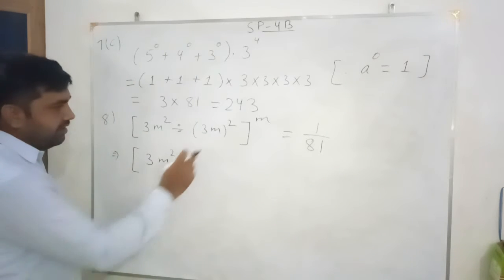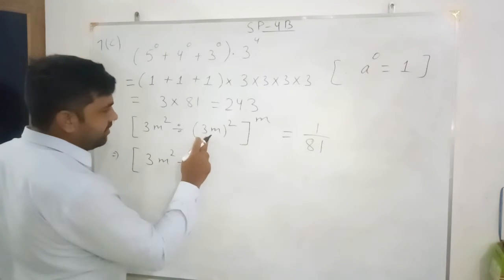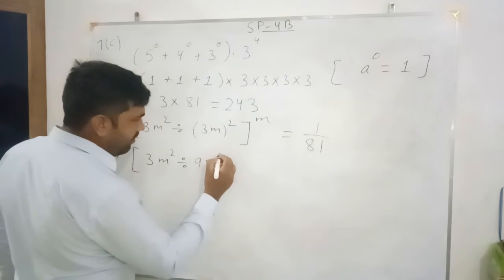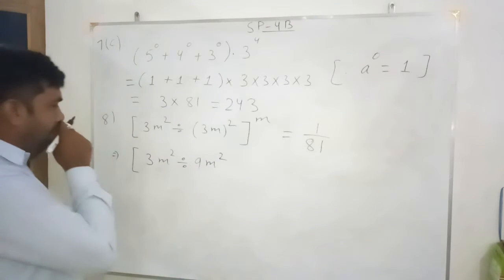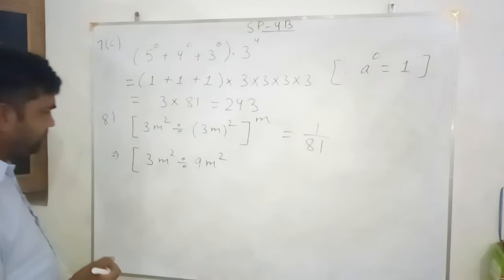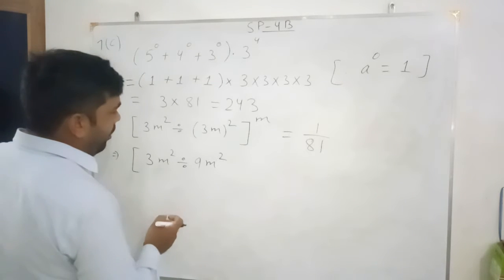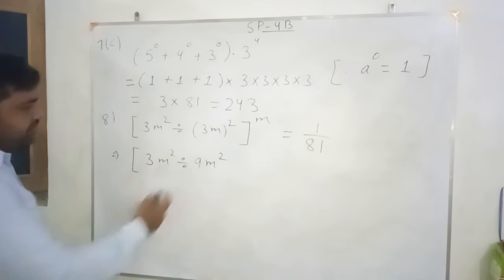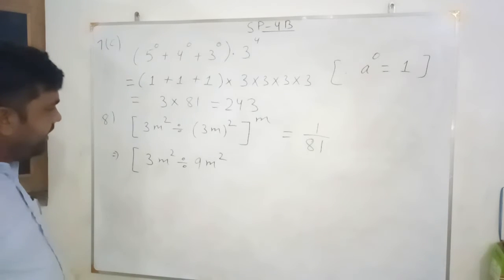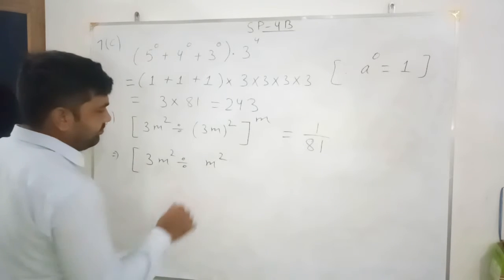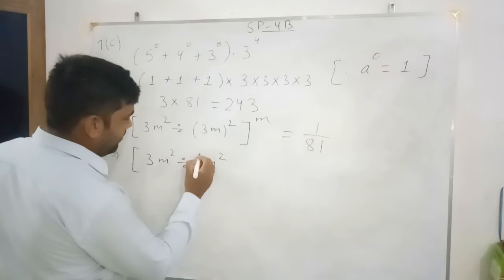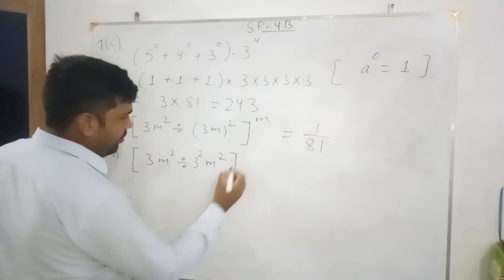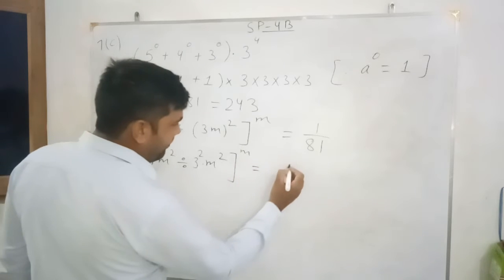So what we write here, 3 square, that is 9, and m square. Or we can also write 3 square in the place of this 9, 3 square multiply m square whole to the power m equals 1 by 81.